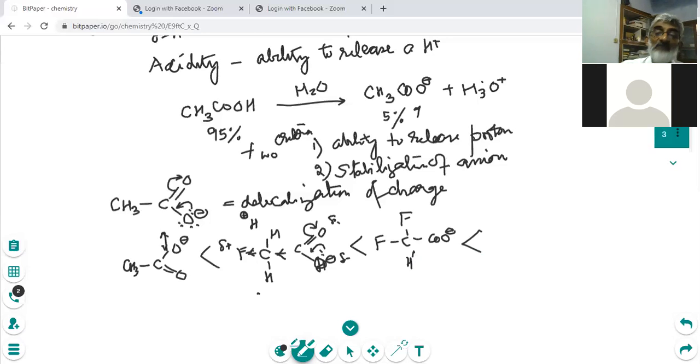Okay, so in fact, see here, trifluoroacetic acid, CF3COOH, is the strongest organic acid.